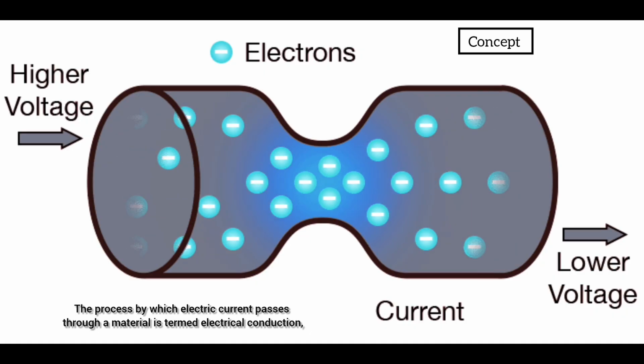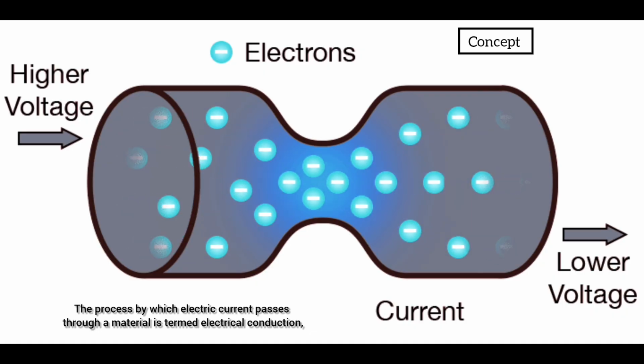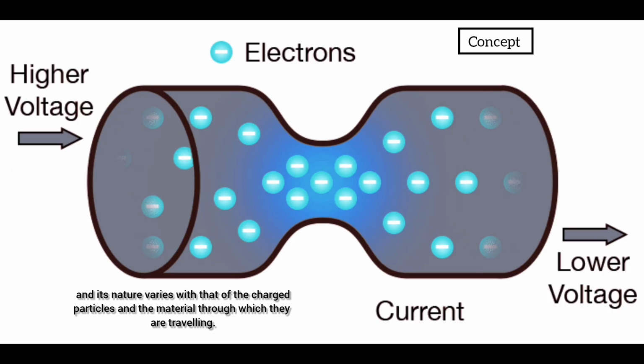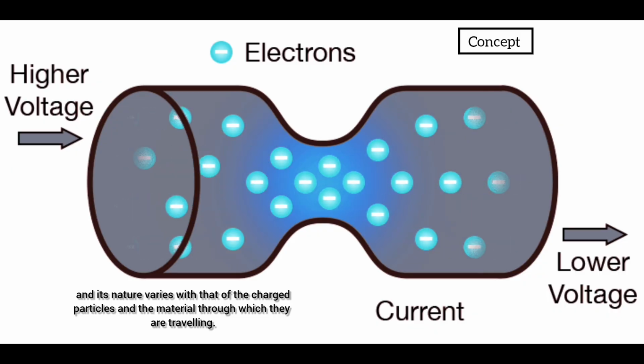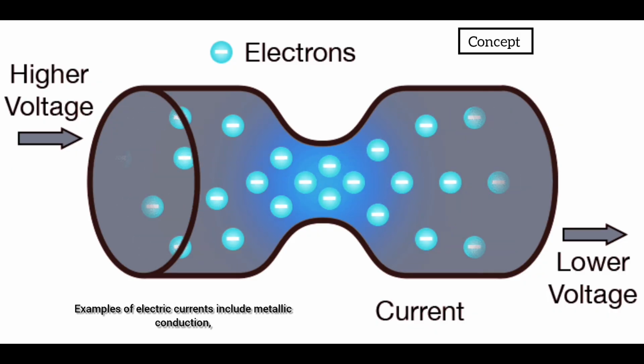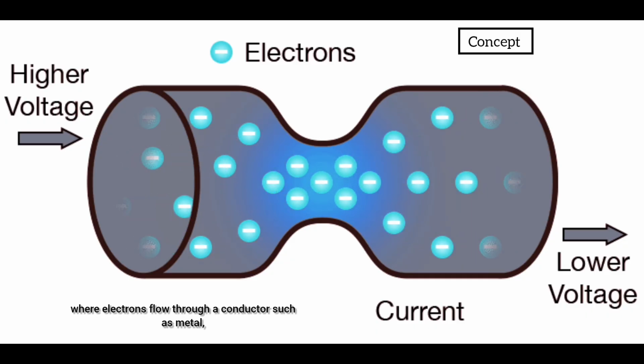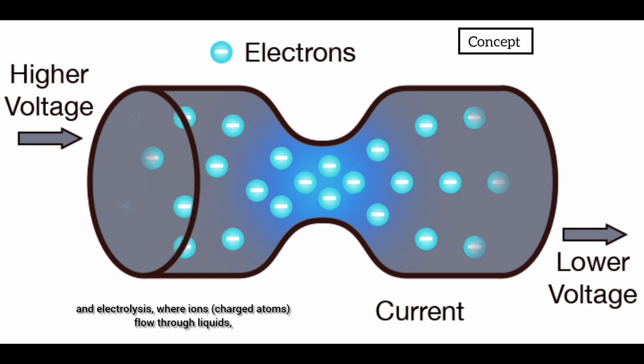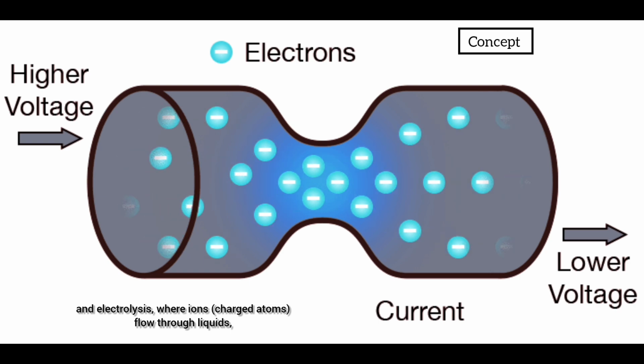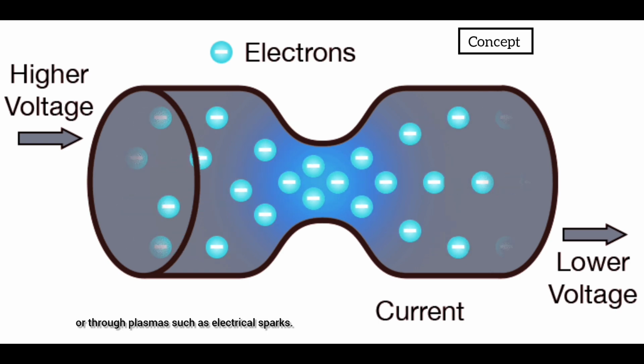The process by which electric current passes through a material is termed electrical conduction, and its nature varies with that of the charged particles and the material through which they are traveling. Examples of electric currents include metallic conduction, where electrons flow through a conductor such as metal, and electrolysis, where ions, charged atoms, flow through liquids, or through plasmas such as electrical sparks.